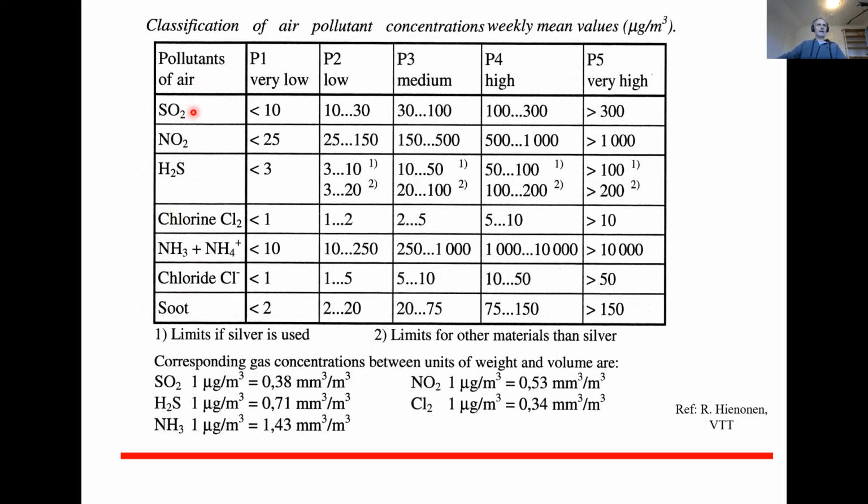Anyway, the point is that based on the average amount of all these six species, the average corrosivity category or air pollutant category is divided into 5 different columns. So P1 is very low amount on average of these.